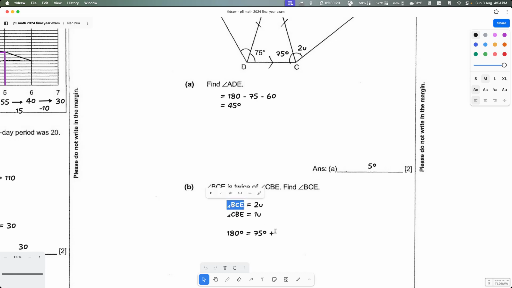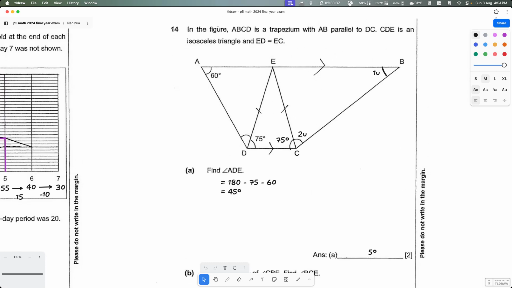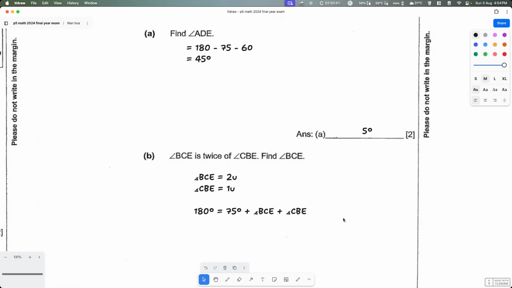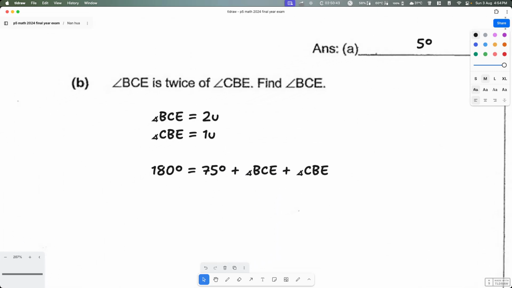So I'm just going to copy this, paste it over here, right? Therefore we can just swap the values. That's what you see over here. So 2 units, 1 unit, right? So for this, what we can do is 180 degrees. Actually, just copy this whole thing, right? And then from here you can say plus 2 units BCE plus 1 unit.